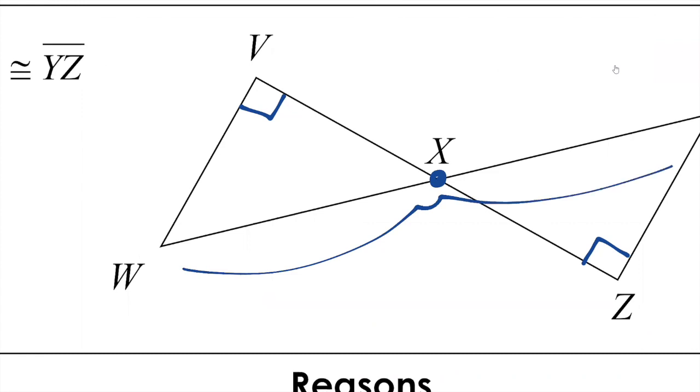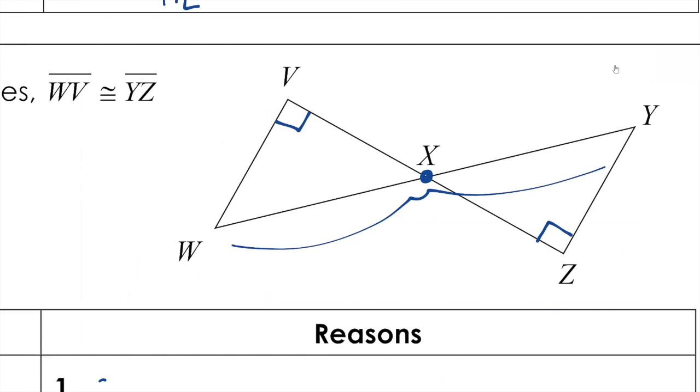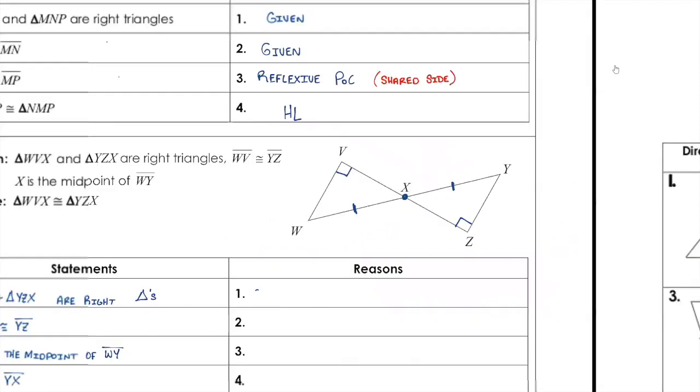What does that create? Two congruent segments. So that means WX is congruent to YX because of the midpoint.